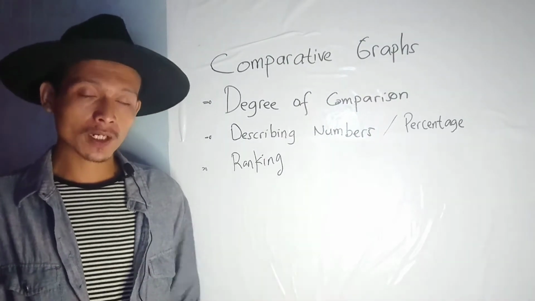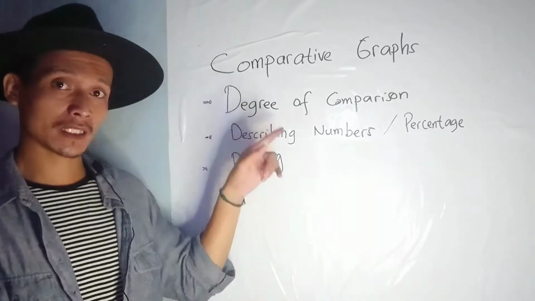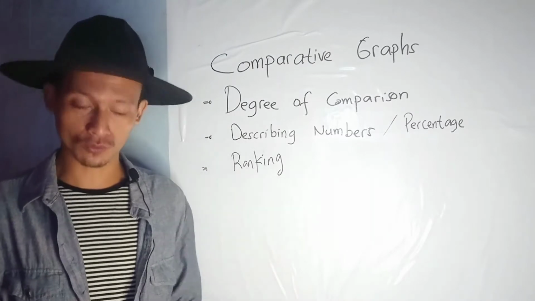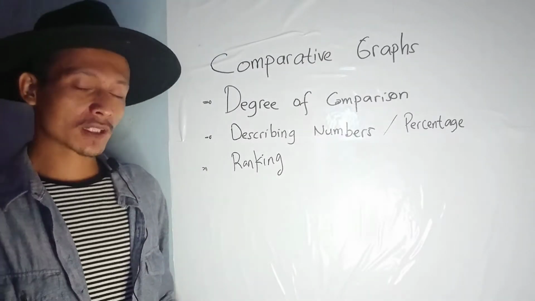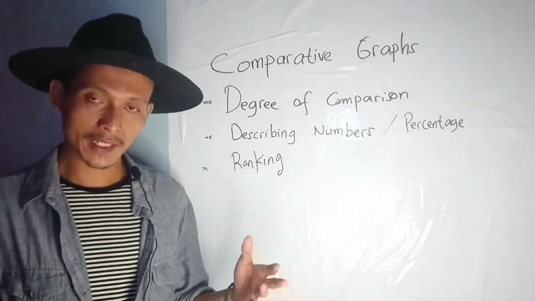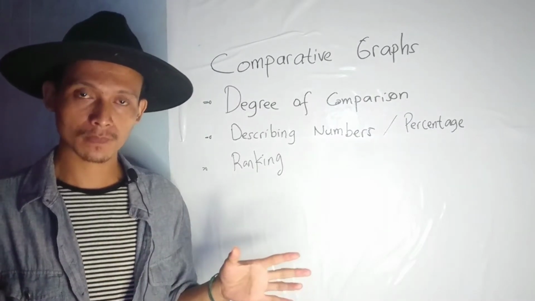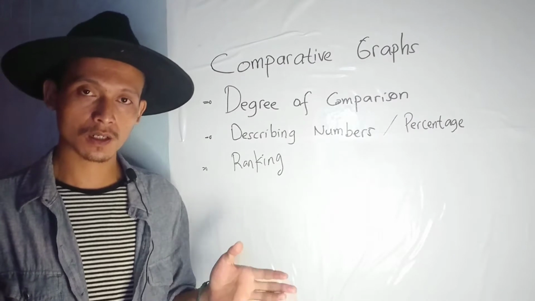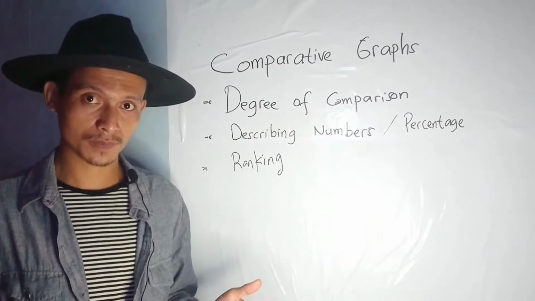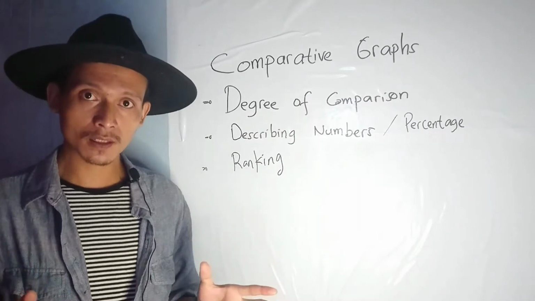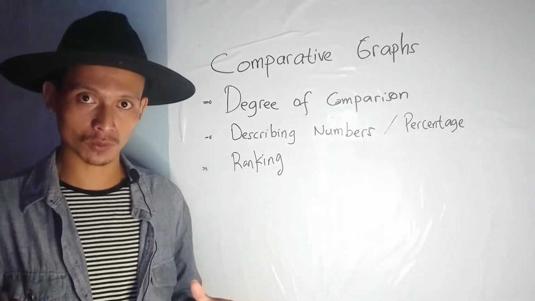And today we are going to be discussing comparative graphs for IELTS Writing Task 1 Academic. For the comparative graph, the data can be in the form of a pie chart, table, or bar graph, with only one time given or no time given at all.